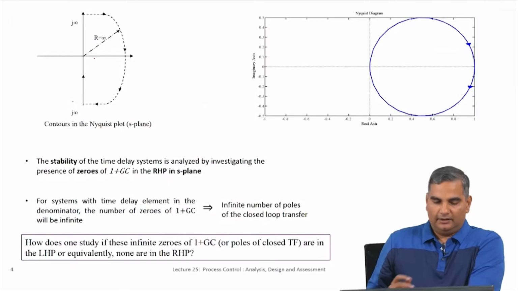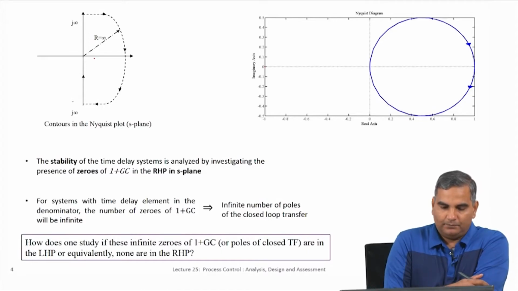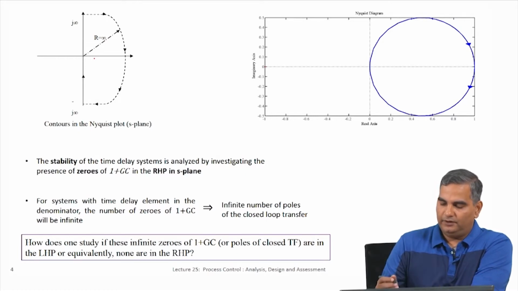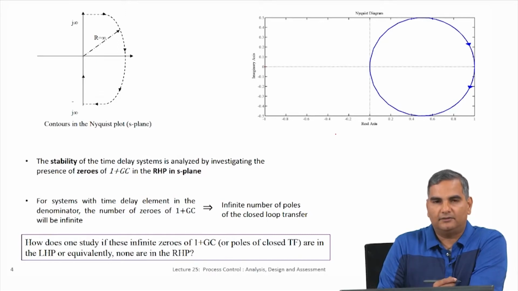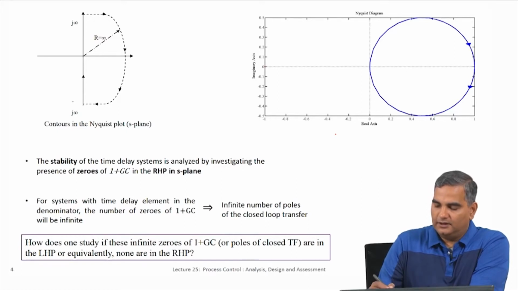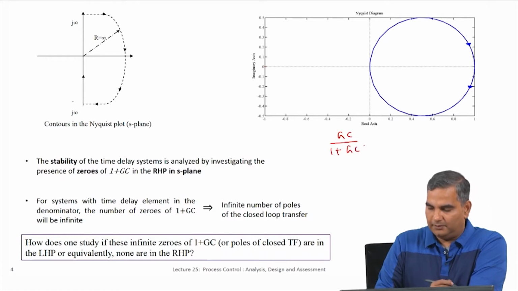Okay. So when it comes to the control system, the way we are going to use this is the following. We typically have a closed loop control transfer function, and we are looking at its stability. So basically we are looking at, let us say, Gc by 1 plus Gc. This is something that you have seen many times.